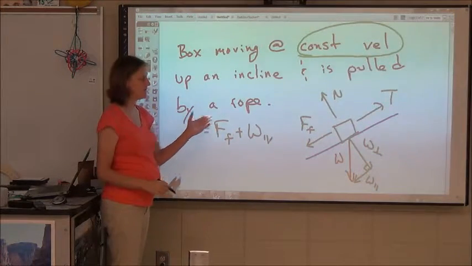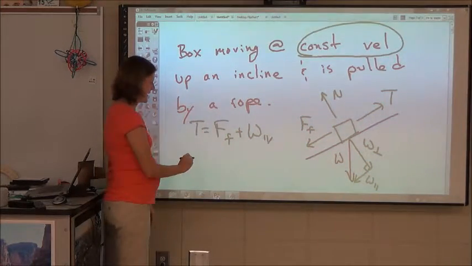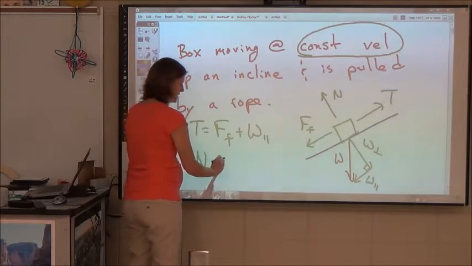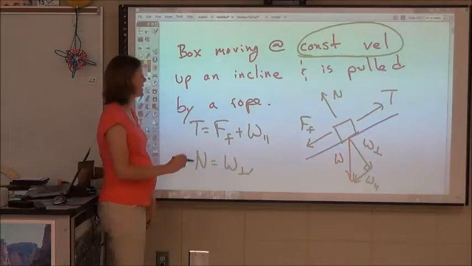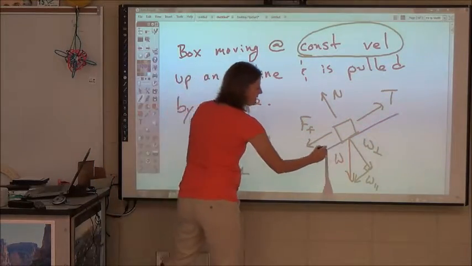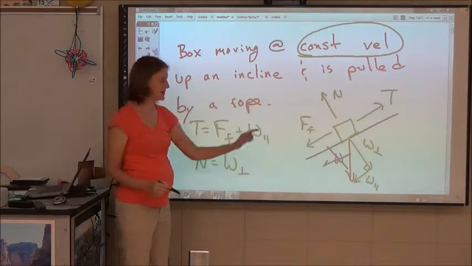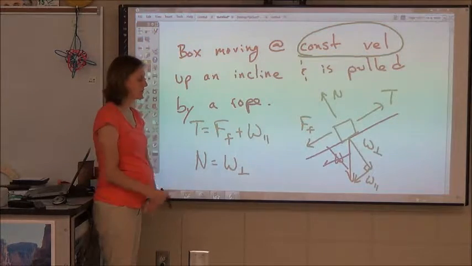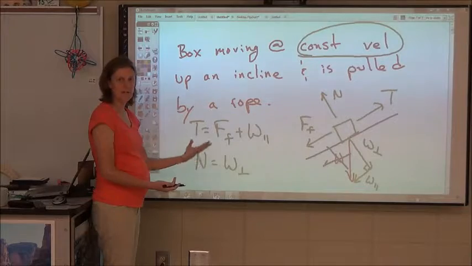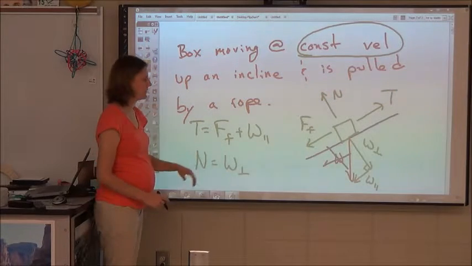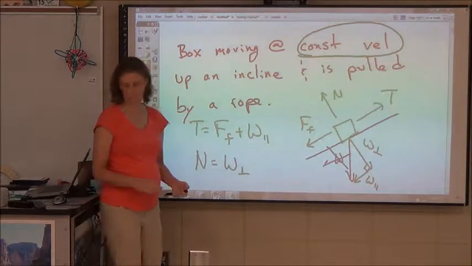Forces are balanced left and right, and also sort of up and down, so I know the normal must equal weight perpendicular. And once I've drawn in weight perpendicular and weight parallel, I'm never going to use weight again. I'm using those two vectors to represent that one. So this is a case where a really good picture can help you solve a problem.